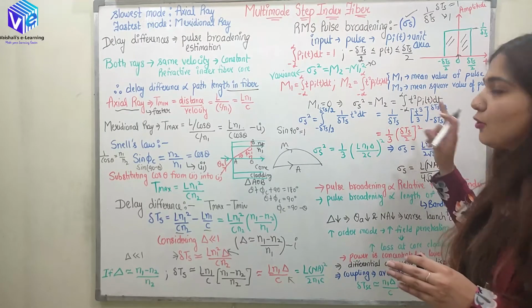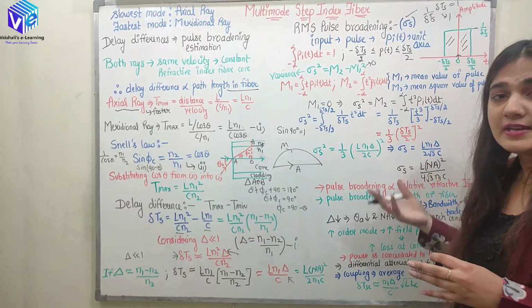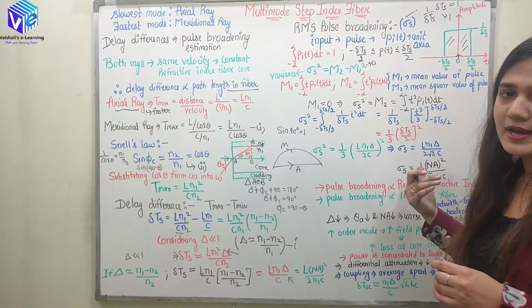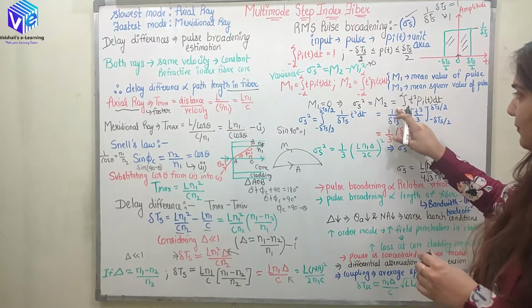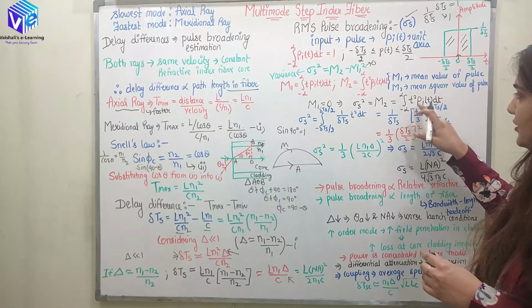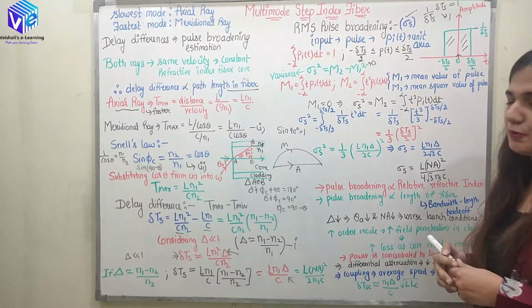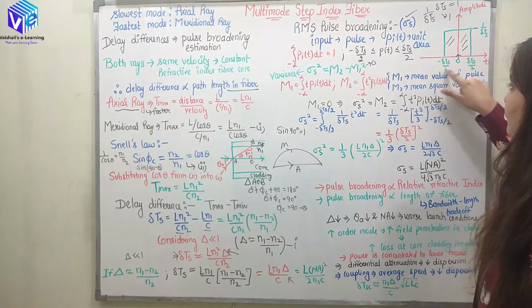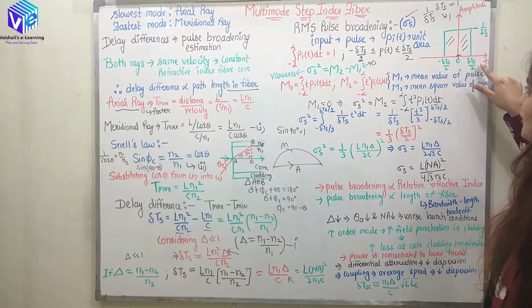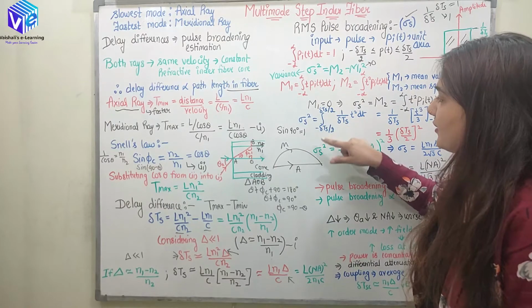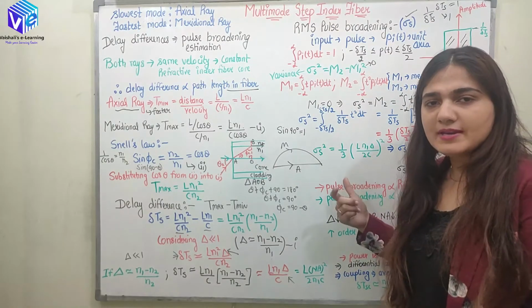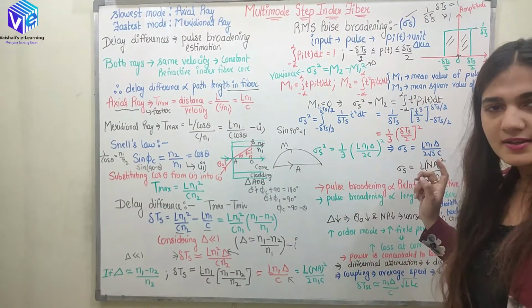When I find m2, I will get the variance, and from the variance I can find the RMS value of the pulse broadening. So sigma s square would be m2, which is equal to the integration from minus infinity to infinity of t square p(t) dt. Let's put the limits. The limits of this function are minus delta ts upon 2 to delta ts upon 2. So I have reduced the limits from minus infinity to infinity to minus delta ts upon 2 to delta ts upon 2.